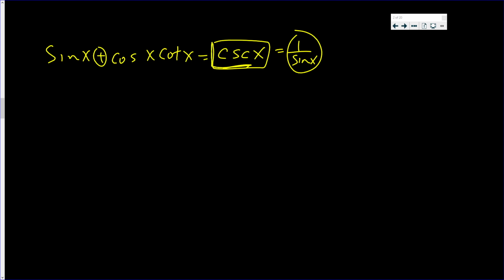How on earth are you going to get cosecant x or 1 over sine x to become a sum? I know one way. The only way I know of is that 1 is sine squared x plus cosine squared x, over sine x. And at least now I have a sum.